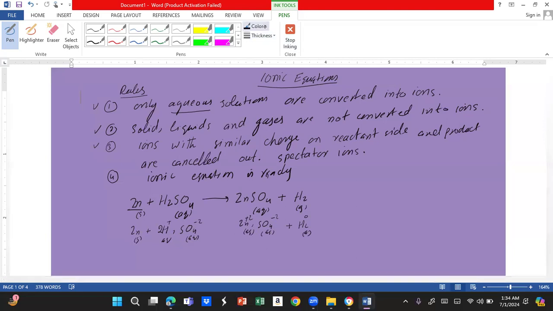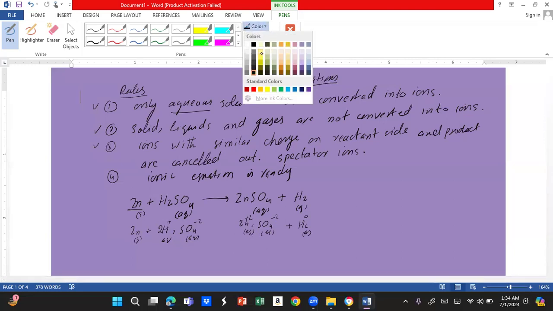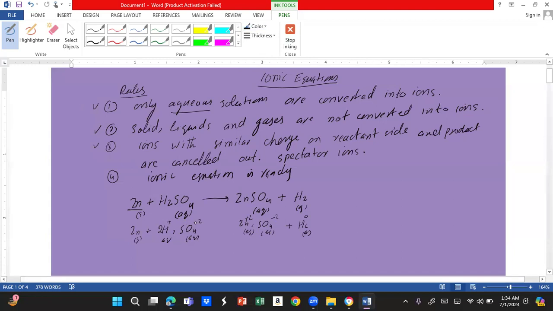That means we can cancel sulfate on both sides. As I told you, ions with similar charge on the reactant side and product side are cancelled out, and these are known as spectator ions.